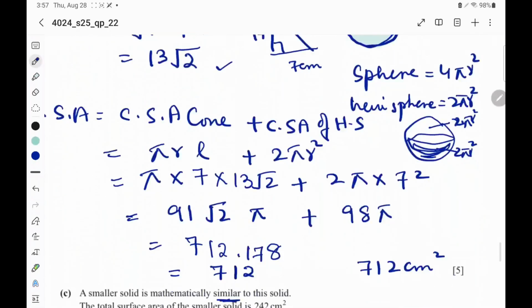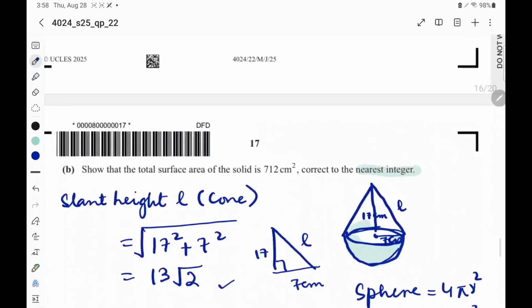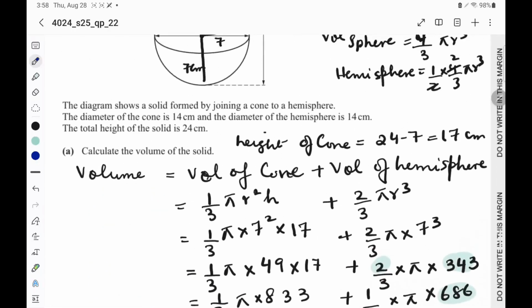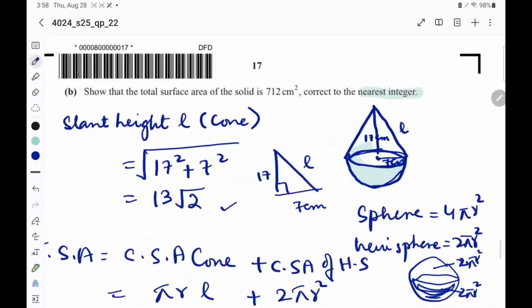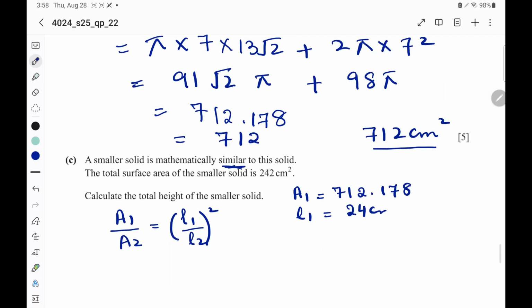Okay, so for the length you can use L1, A1, the area is 712.178, because for the accuracy I am taking this, and L1 is 24 centimeters.